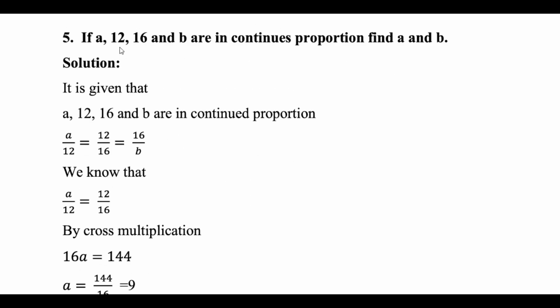If a, 12, 16 and b are in continued proportion, find a and b. It is given that a, 12, 16 and b are in continued proportion. So we can write a by 12 is equal to 12 by 16 is equal to 16 by b.